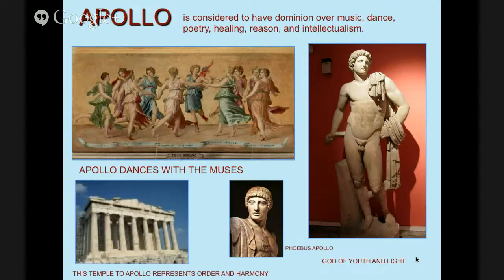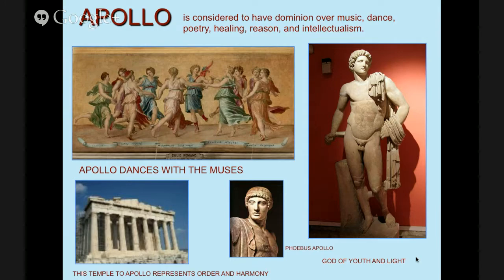So a lot of our ideals and culture comes from Greece. Maybe one of the most popular ones that today is our democracy. So we still are holding on to some of that great Greek civilization. And right here we're looking at a picture of Apollo.